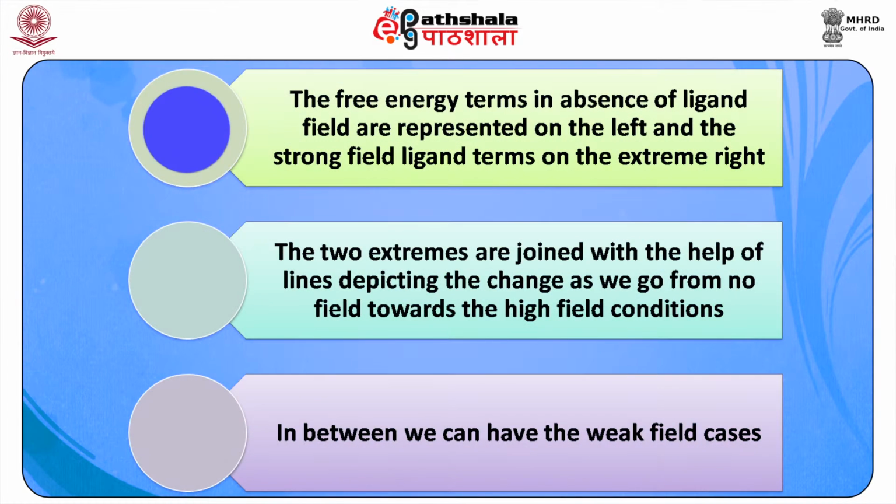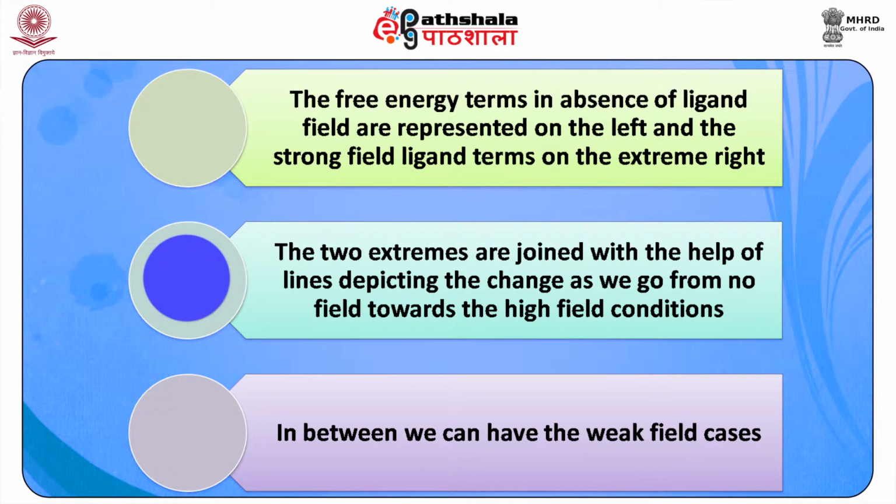The free ion terms in absence of ligand field are represented on the left and the strong field ligand terms on the extreme right. The two extremes are joined with the help of lines depicting the change as we go from no field towards the high field conditions. In between, we can have the weak field cases.